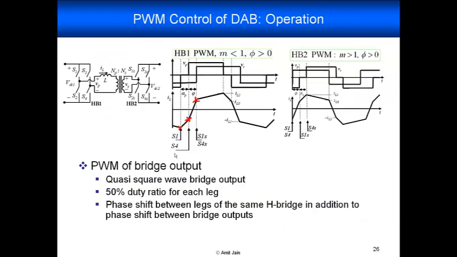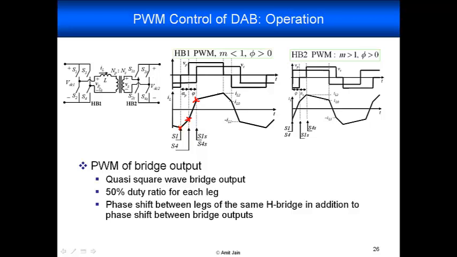So for m less than 1, VDC1 is higher than VDC2 prime. And what we are doing is introducing a duty cycle control for VP, so that the average voltage applied across the transformer on the primary side is now equal to the average voltage that we are applying across the transformer on the secondary side.